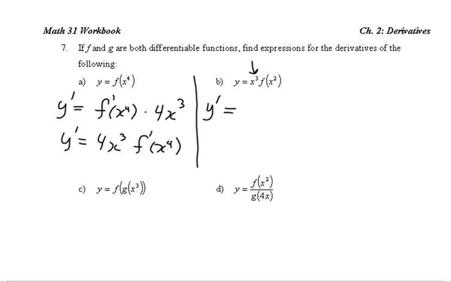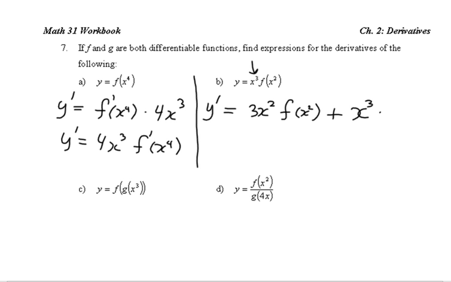The derivative of x cubed, very easy, 3x squared. Then we multiply that by the second function as it stands. We don't change it. Then we put a plus sign. We write the first function as it stands. We don't change it.